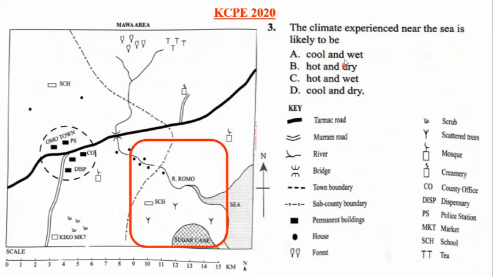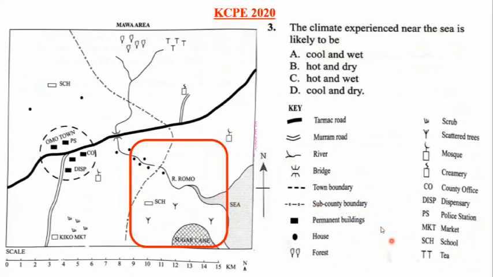So let's look at KCPE 2020. The climate experienced near the sea is likely to be what? So near the sea, when you look at this map, near the sea is here.